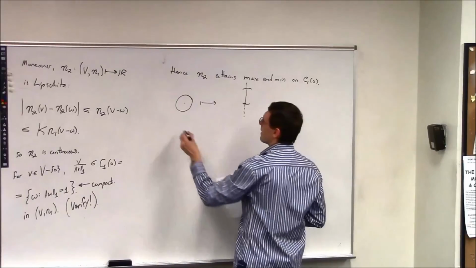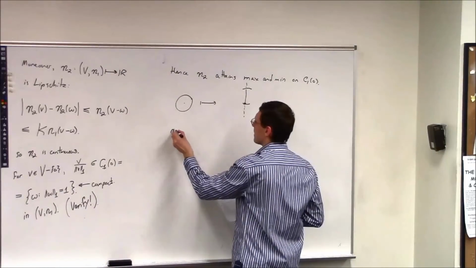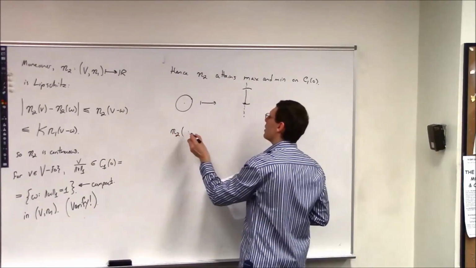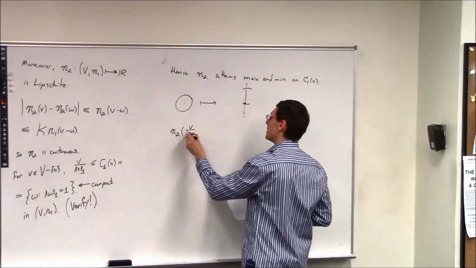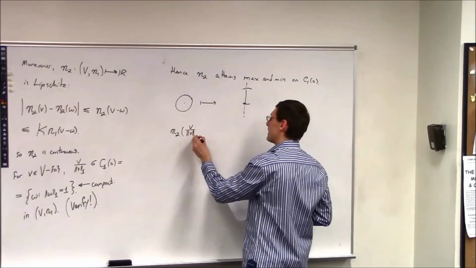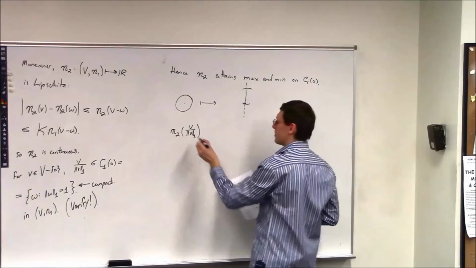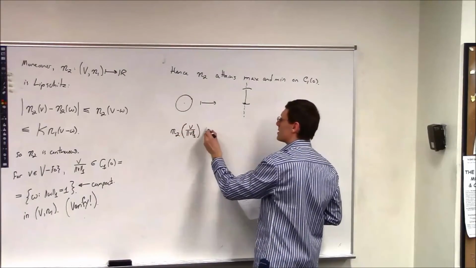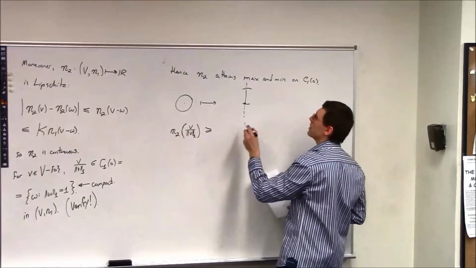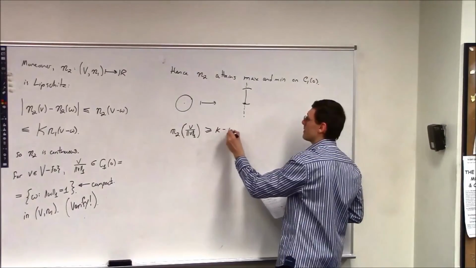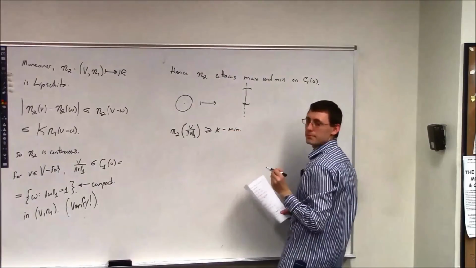So N2 of the normalized V is going to be bigger than or equal to this minimum, which is little k. That's the minimum.